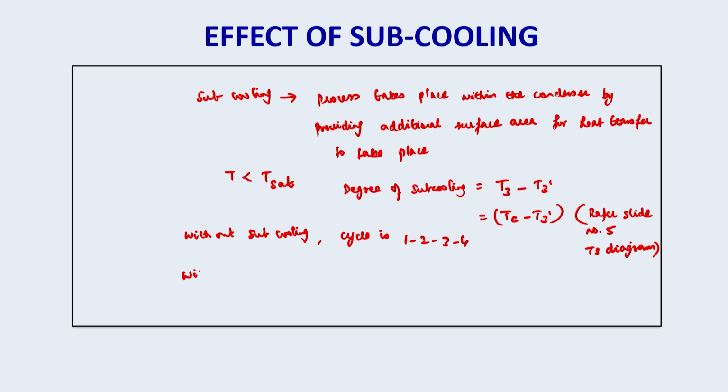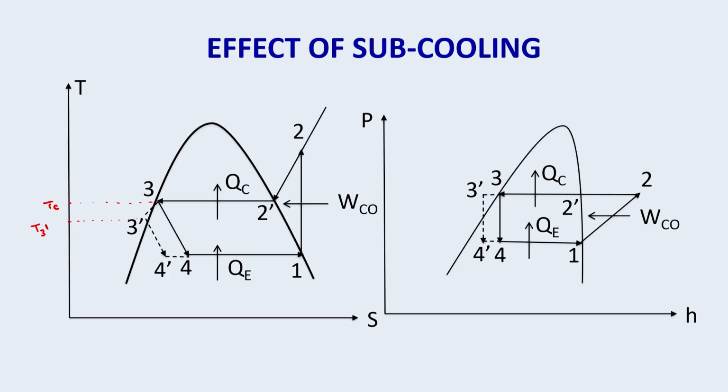With subcooling, the cycle is 1 to 2, there is no change. Instead of 3, it will be 3 dash. Instead of 4, it will be 4 dash. So 1, 2, 3 dash, 4 dash is with subcooling.